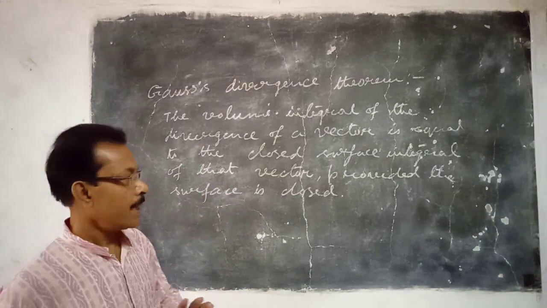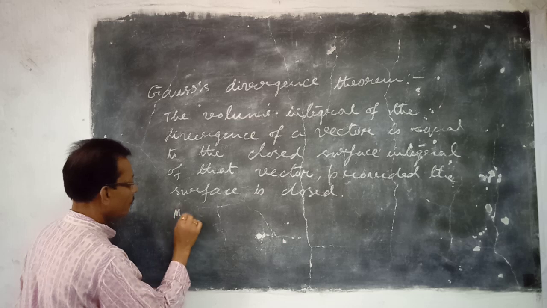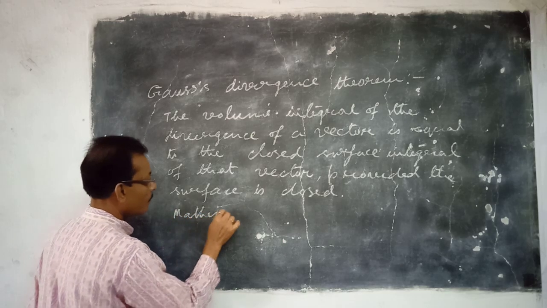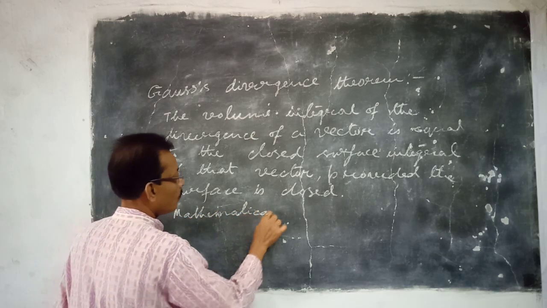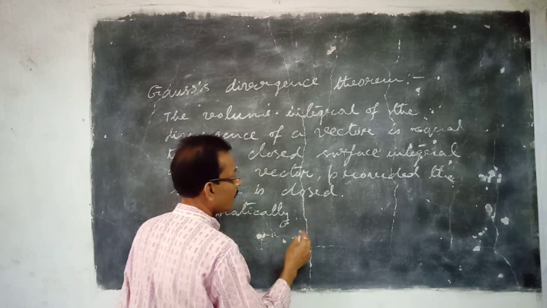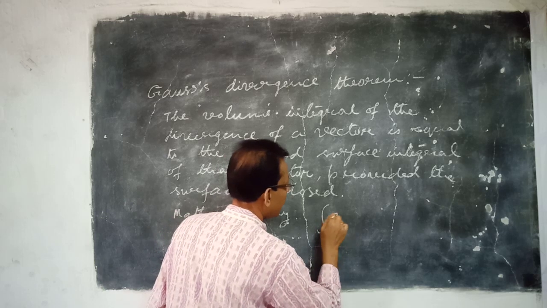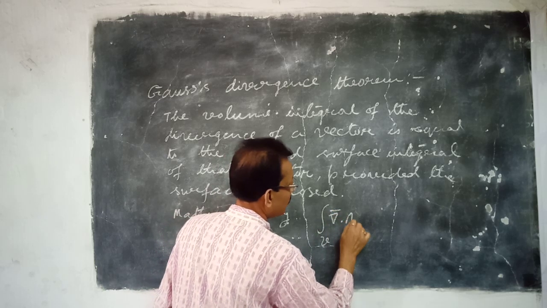Now mathematically, we write the volume integral of the divergence of a vector. Suppose A is any vector.